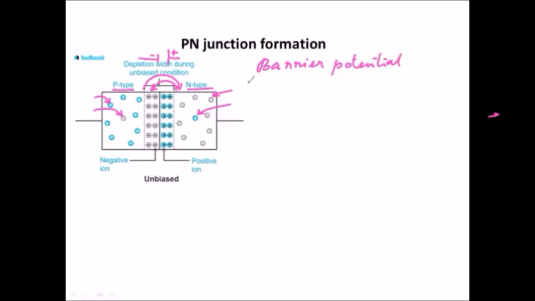In this barrier potential, though it is assumed to have a voltage, basically for a PN junction, as soon as the charge carriers move from one region to the other region, the region will be completely depleted of charge. That means there is no charge in that region. Effectively, both the charge carriers cancel each other.